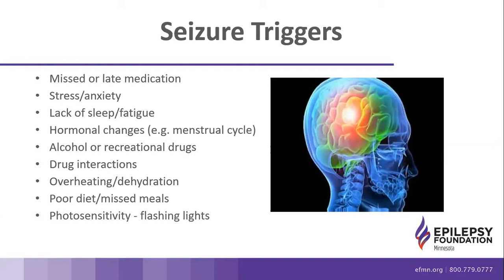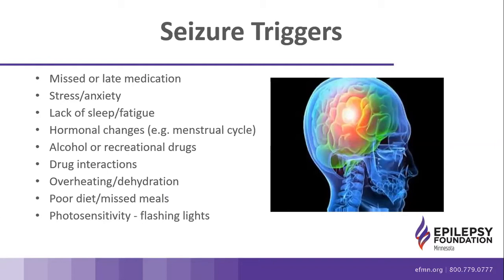If we ask the general group and population of people with epilepsy, what is a trigger that you have? Most of them would say in some shape or form, stress. And stress is a really ambiguous word. It means very different things to different people. And so when we talk with people about stress being a trigger, we want them to look at what it is about the stress. What kind of stress are you experiencing?